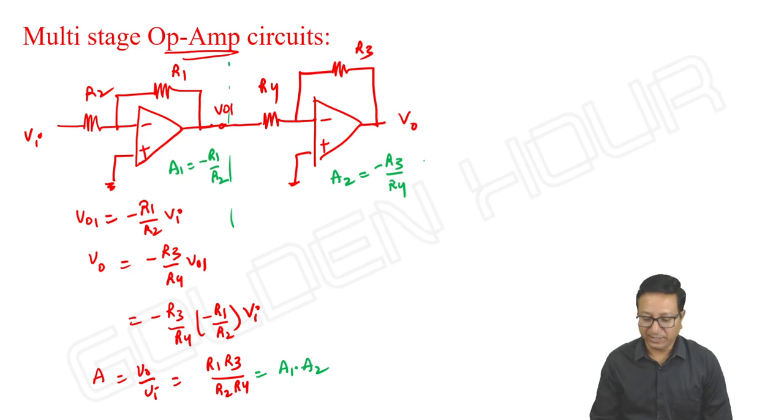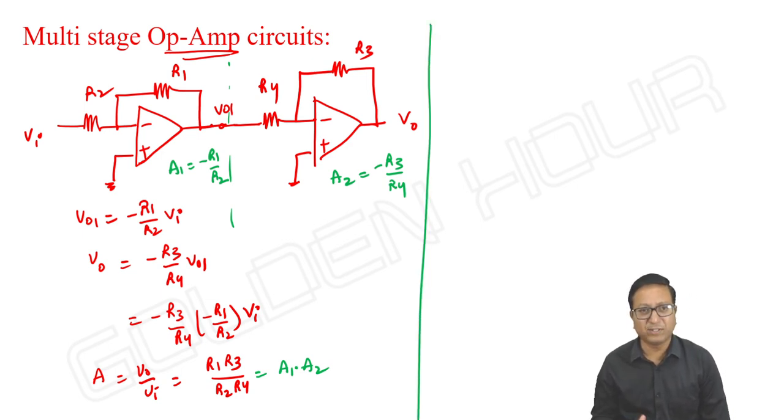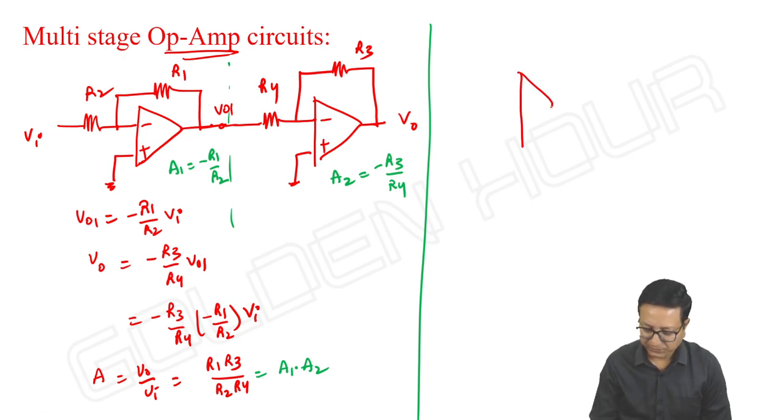That is the idea, and it need not be both inverting. One is inverting, the other is non-inverting. Possible, doesn't matter. See this. Whatever combination you like, you can take.